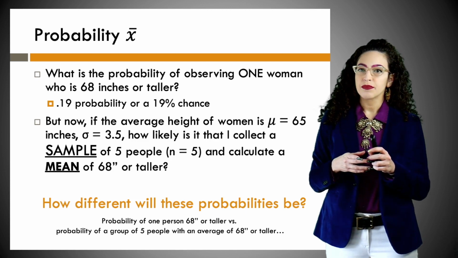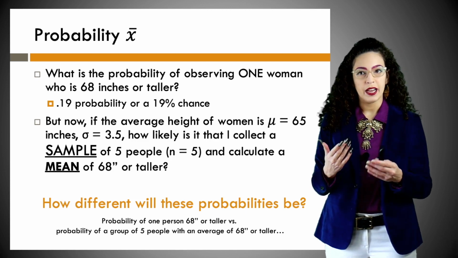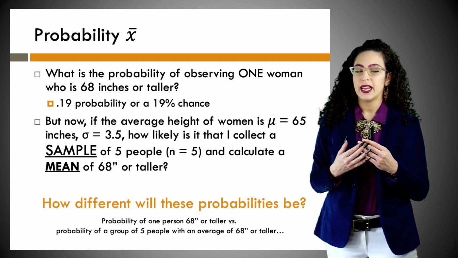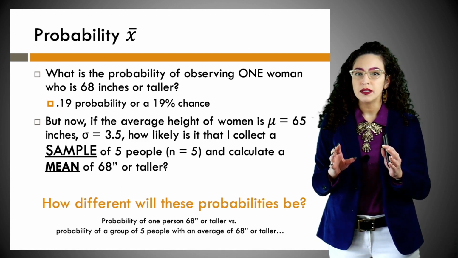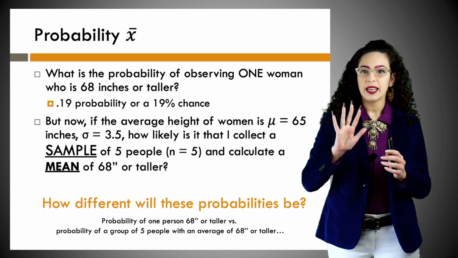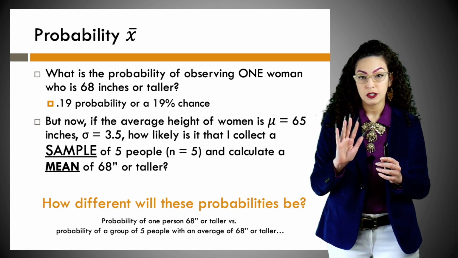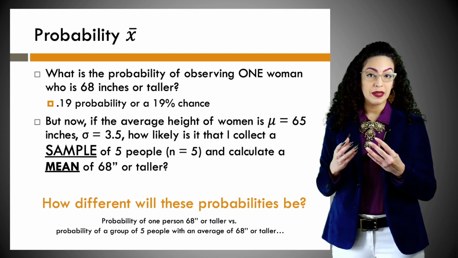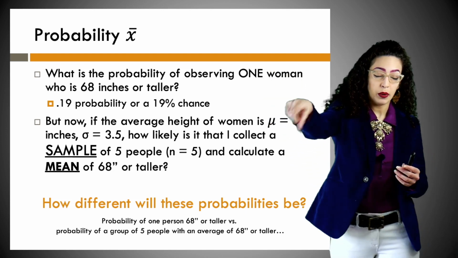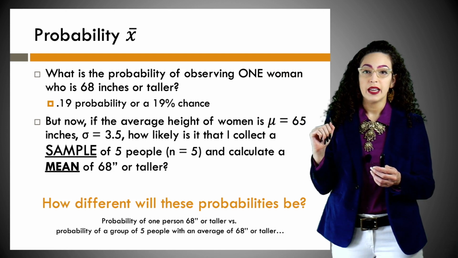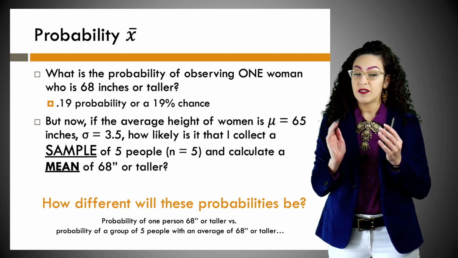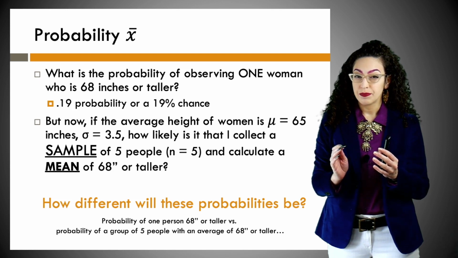But now, if the average height of women is 65, standard deviation is 3.5, how likely is it that I collect a sample of 5 people and I calculate a mean of 68 inches or higher? Basically, I'm asking, what is the probability that I close my eyes and point at 5 women out in public and take their average, and their average height is 5'8" or taller?